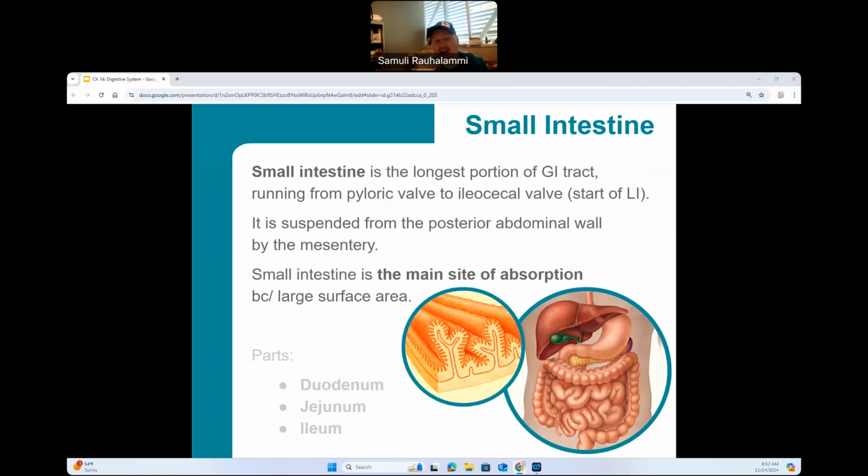The fact that it's the main site of absorption is also due to the large surface area created by the many microscopic folds of the small intestine wall lining. In fact, if we spread all of the small intestine wall lining out flat, it would cover more than an entire tennis court in surface area. So you really see that having that large surface area is important for absorption of the nutrients and energy.